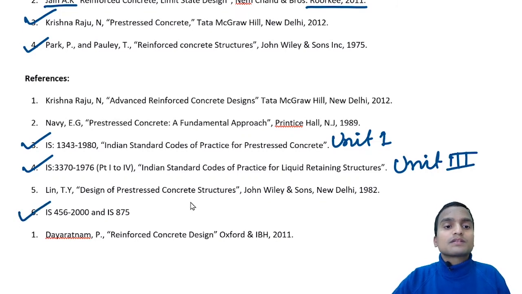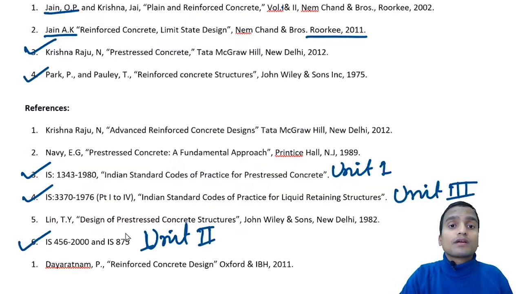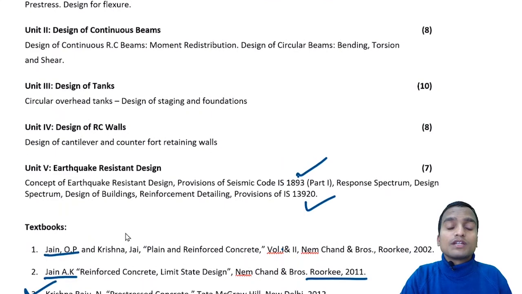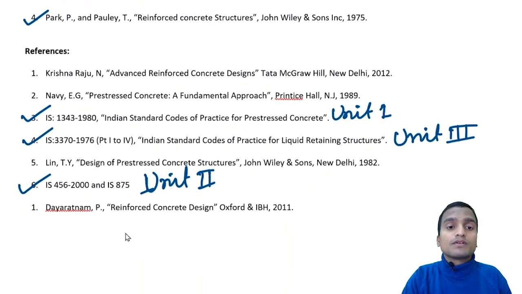Then IS 456 and IS 875 will be helpful in unit 2. And IS 875, IS 13920, and as we have seen here IS 1893 will be used in unit 5. So you can download these IS codes as you reach these units.